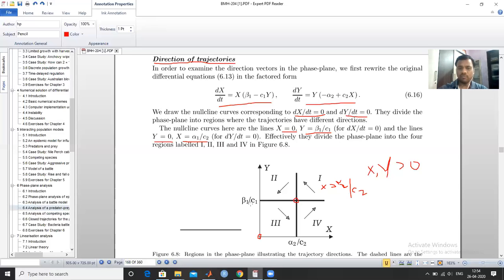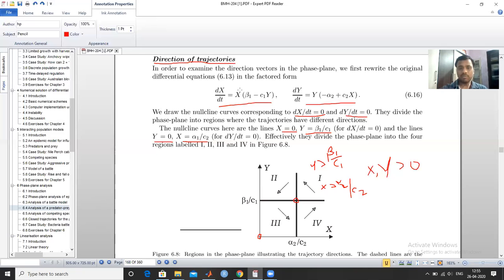And what is the value of y? y is also greater than beta 1 upon c1, right? So now we have to check dx over dt.